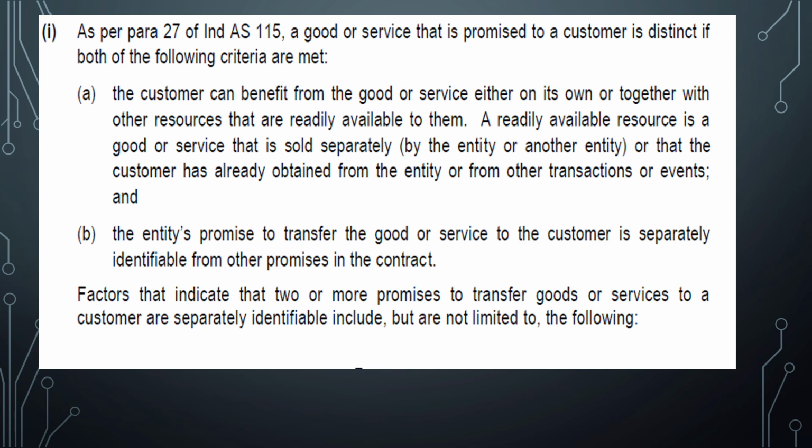That is, the customer can benefit from the goods or service either on its own or together with other readily available resources, and the entity's promise to transfer the goods to the customer is separately identifiable from other promises in the contract. These are the key terms you should reproduce, because you can gain at least 2 marks from this, even if you don't have the time to solve the full question. So these are the criteria to be met.